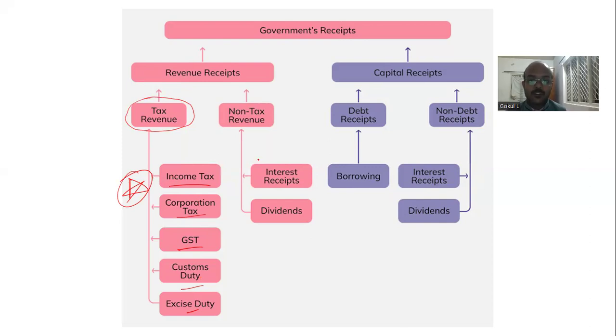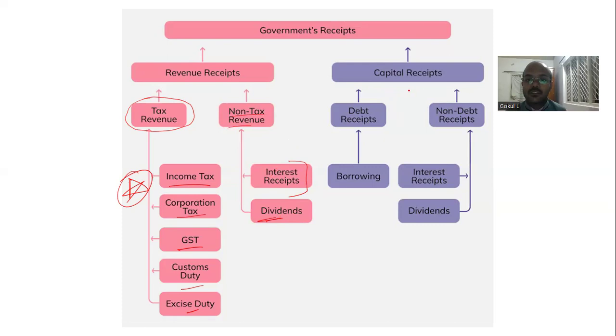Next, interest received, that is non-tax revenue. For example, you have given some loans and you are receiving interest for it. That is not tax, but still you are getting the amount. That is an example of non-tax revenue. Dividends that the government earns are also an example of non-tax revenue.